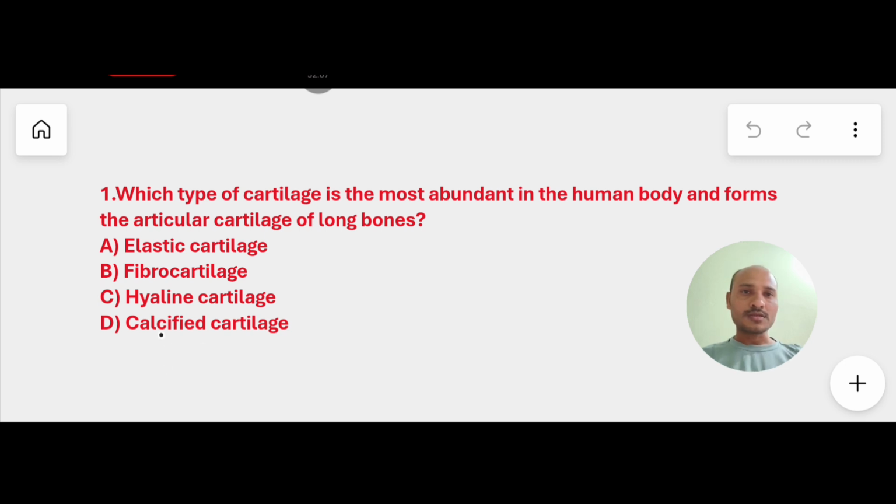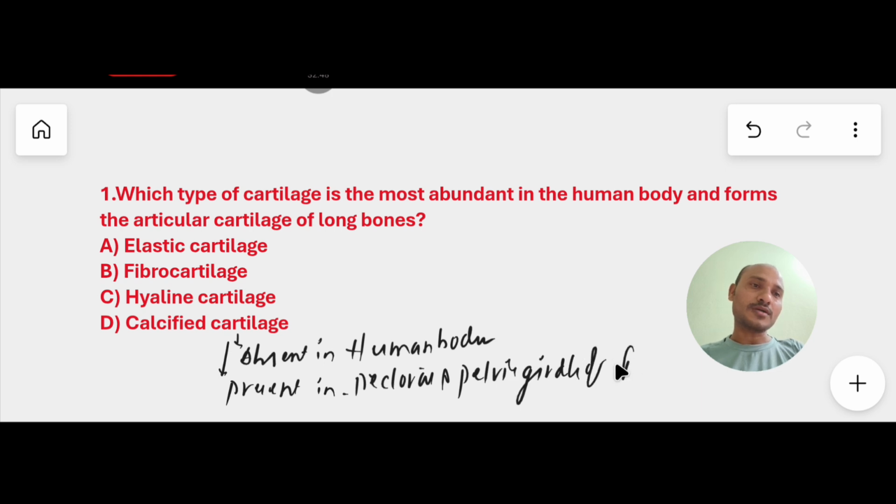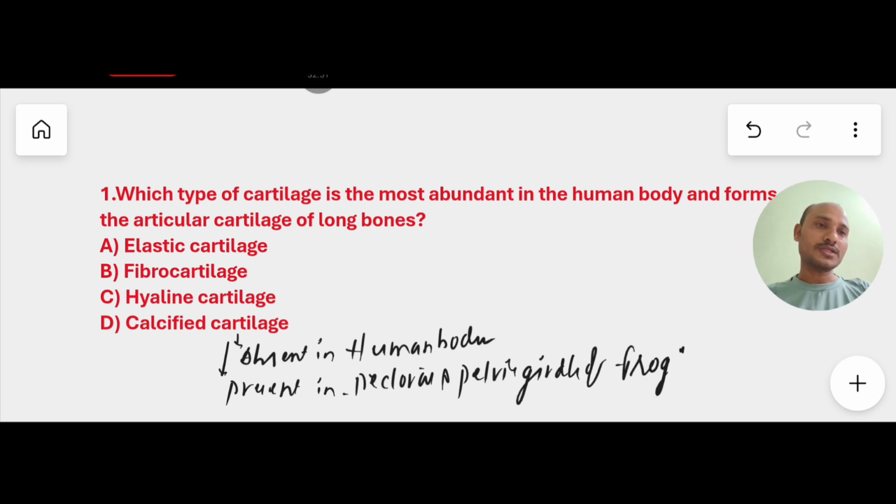Here I should mention that calcified cartilage is absent in the human body, but present in the pectoral and pelvic girdle of frog or amphibians. Only there have we seen calcified cartilage, but in the human body it is absent.